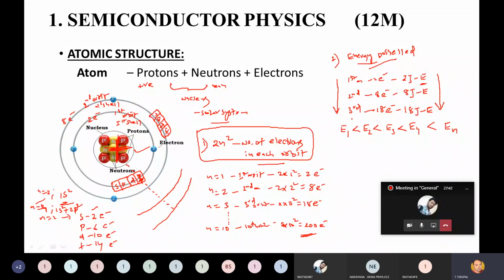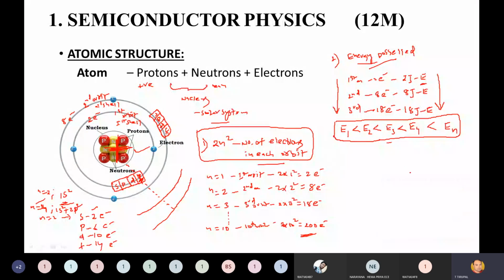This is the second most important point for competitive exams: the energy possessed by each orbit.